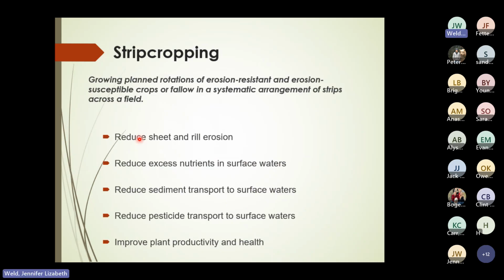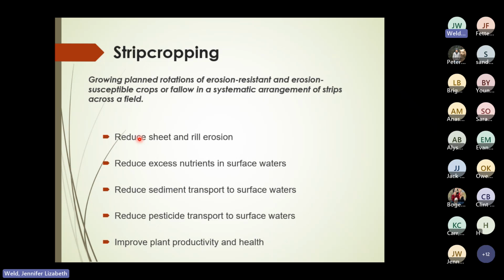Strip cropping, which can be used cooperatively with contour farming, so you can have contour strip cropping in certain cases, is when you have a planned rotation where the crops include erosion resistant and erosion susceptible crops, in a systematic arrangement on the field.